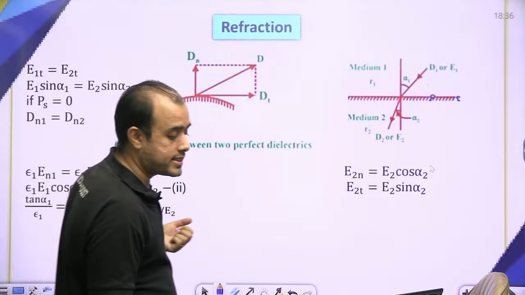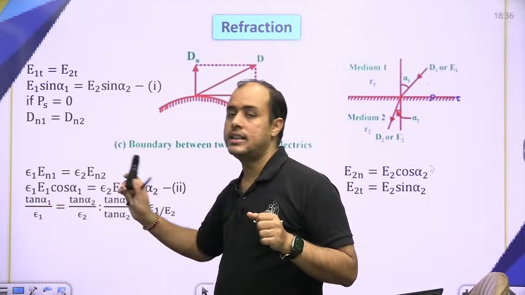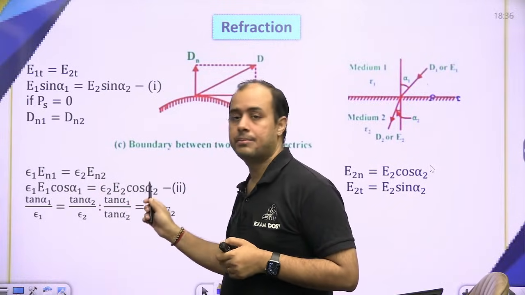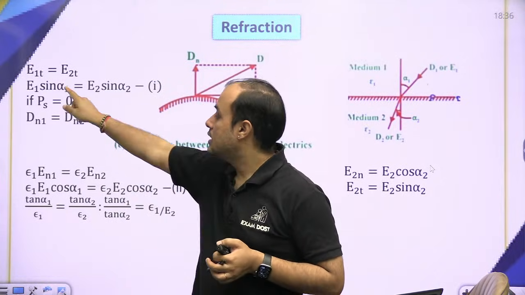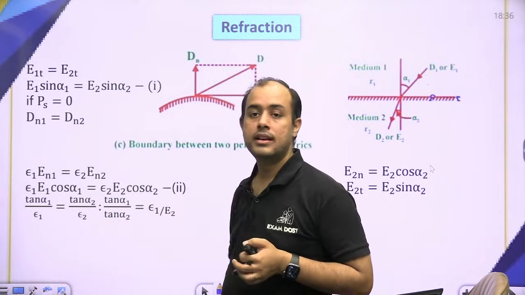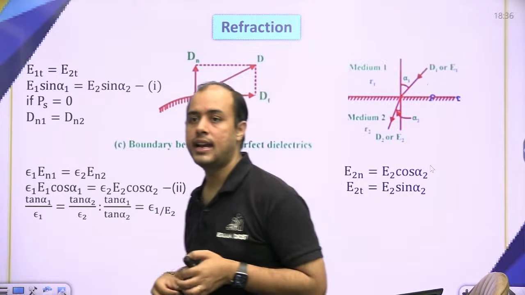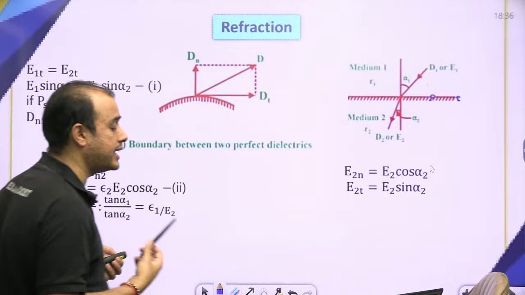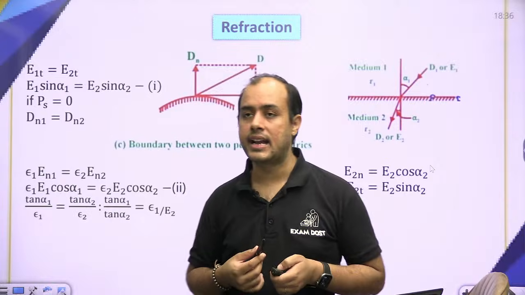Then rho s is 0, so DN1 equals DN2, or epsilon 1 EN1 equals epsilon 2 EN2. EN is E cos alpha. Now if you take the ratio of sin alpha by cos alpha, tan alpha 1 by epsilon 1 equals tan alpha 2 by epsilon 2, which means tan alpha 1 by tan alpha 2 is epsilon 1 by epsilon 2.